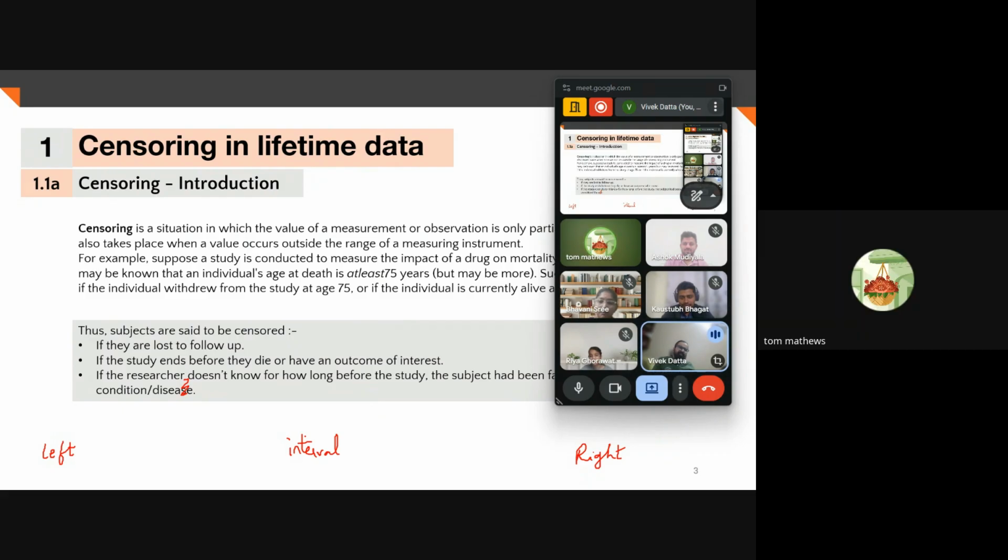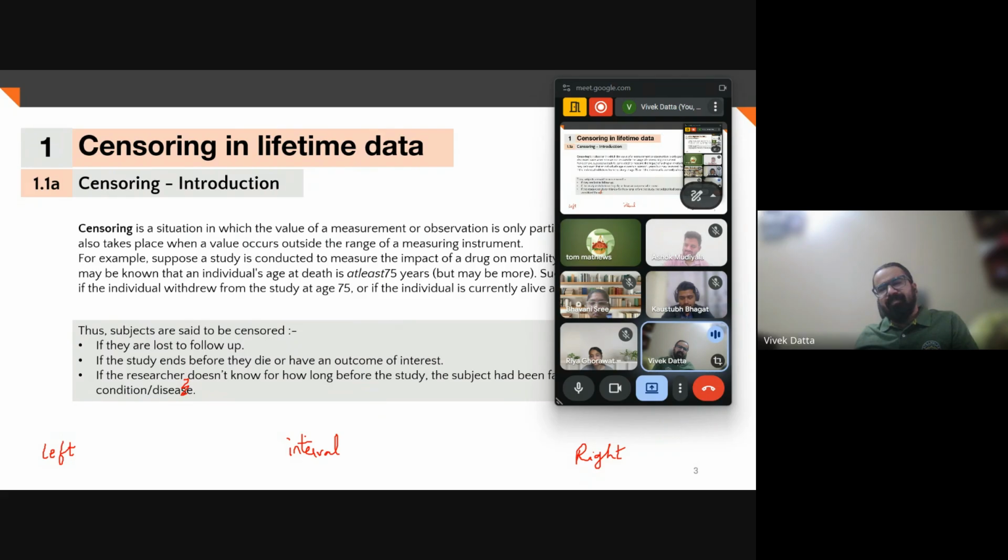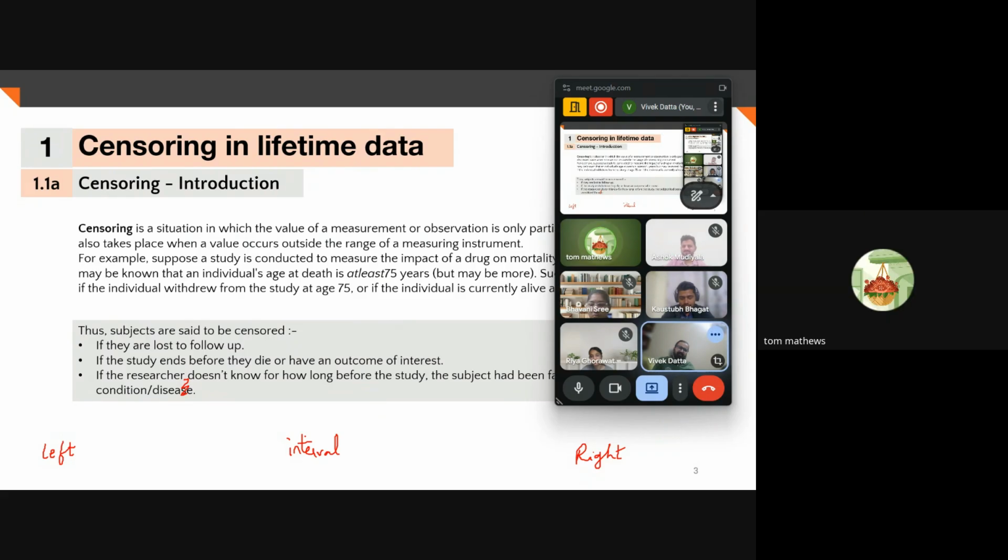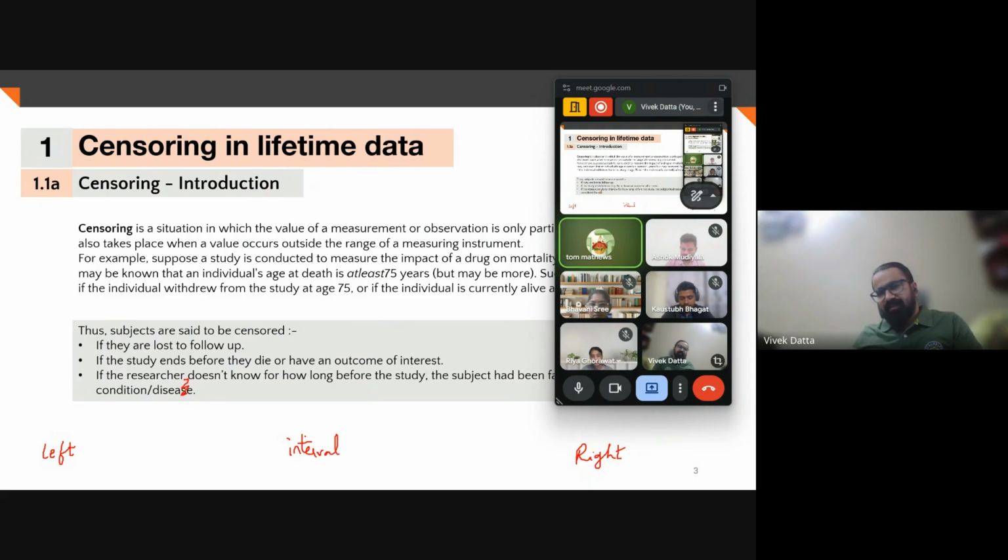First is if they are lost to follow up. That one you mean? No. Any, what 8 types? Oh, 8 types. So Tom gave this answer indirectly. So I will give him the benefit of the doubt. It's called, I'll randomly place this anywhere. Called random censoring.